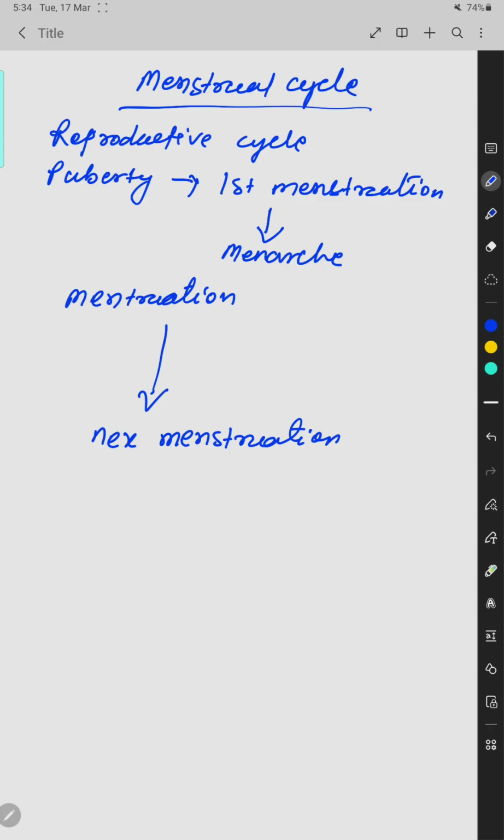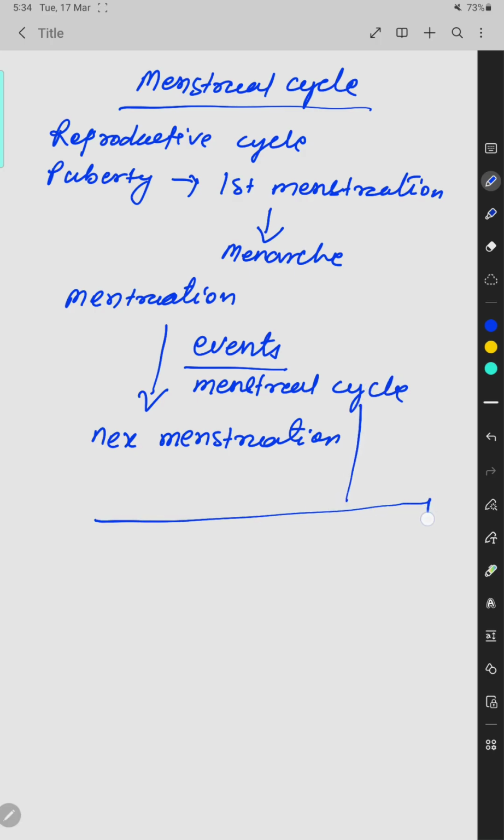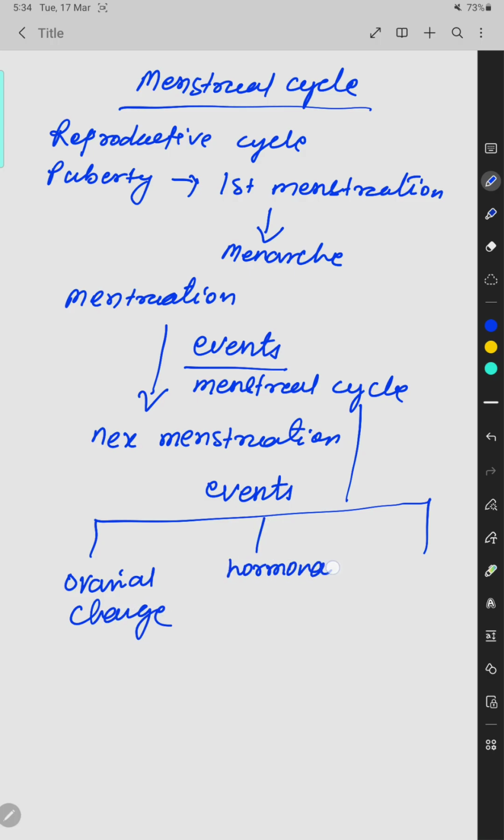So the events are called the menstrual cycle. So what are these events? The events involve ovarian change, hormonal change, and uterine changes.